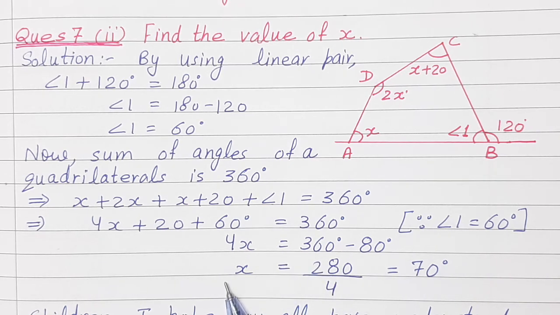So therefore, x is 70 degree. Children, I hope you all have understood the concept of quadrilaterals very well. Kindly go through all the explanations and all the examples given in your textbook.